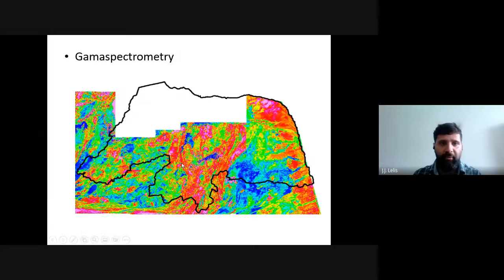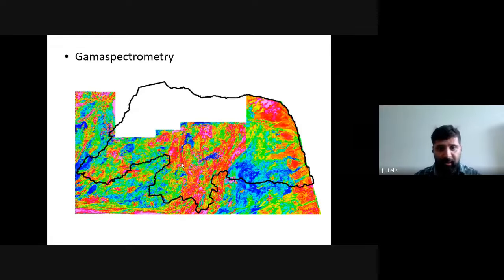And why are we discussing this? Because gamma spectrometry represents the chemical composition of the soil, only the first 8 centimeters from the surface. So only the surface horizon is captured and analyzed by gamma spectrometry.